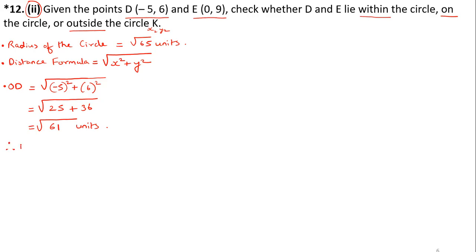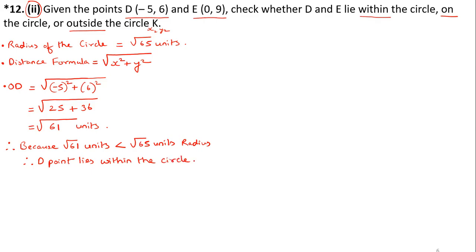Therefore, because under root 61 units is less than root 65 units, which is the radius, therefore D point lies within the circle. So this is our answer.